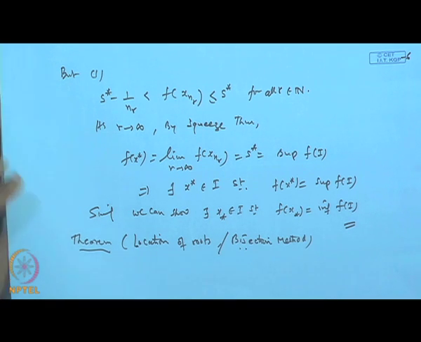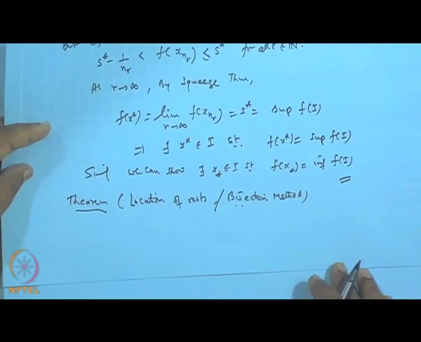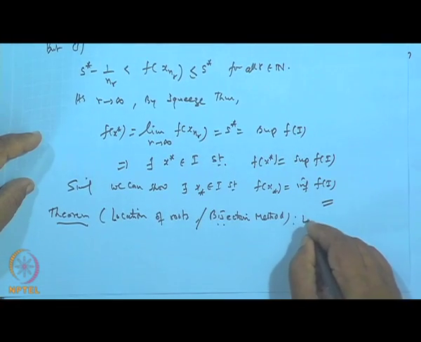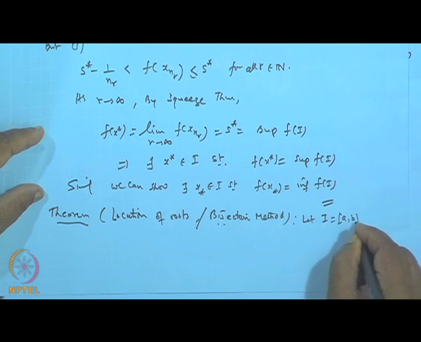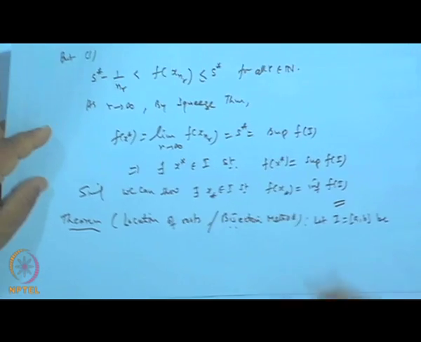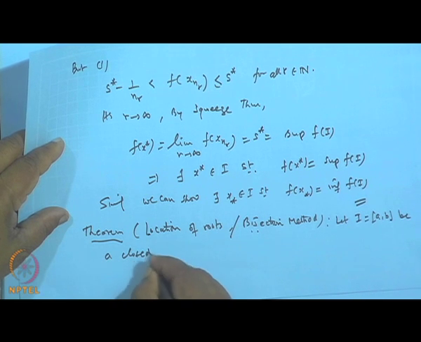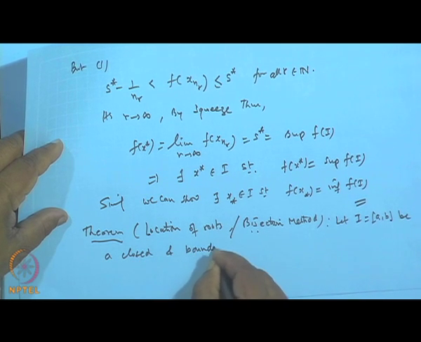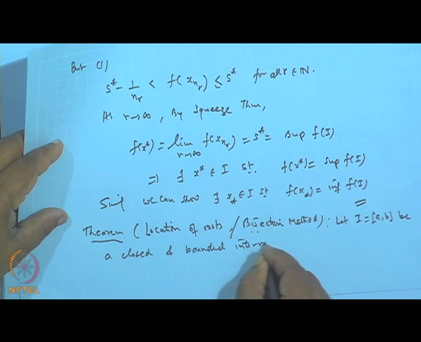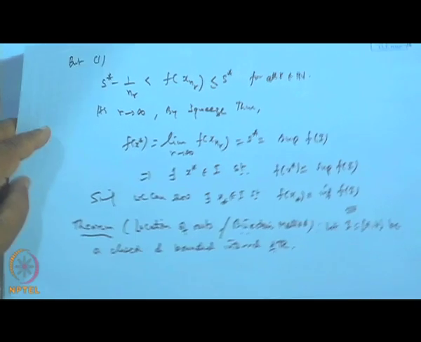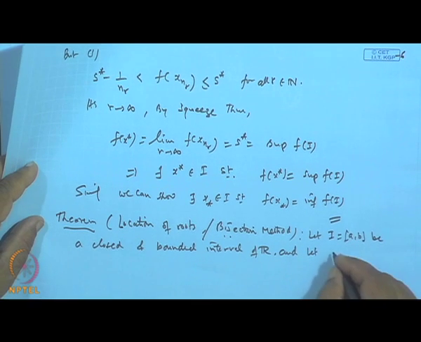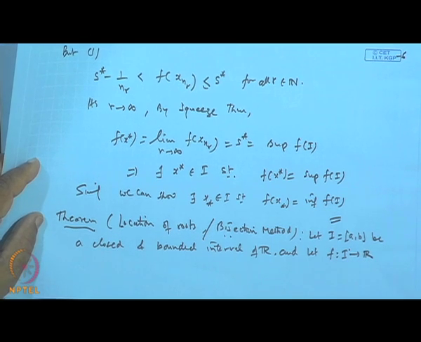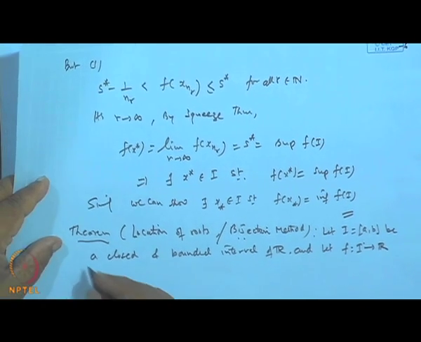What this result says is, let I be a closed and bounded interval of R, and let f, a mapping from I to R, be continuous on I.